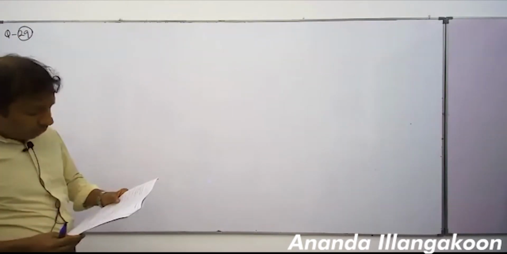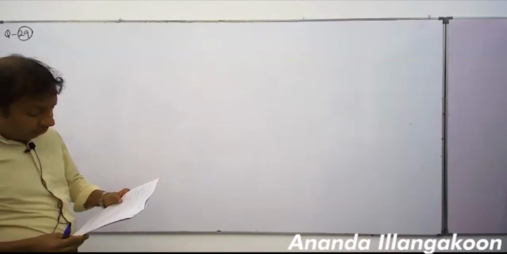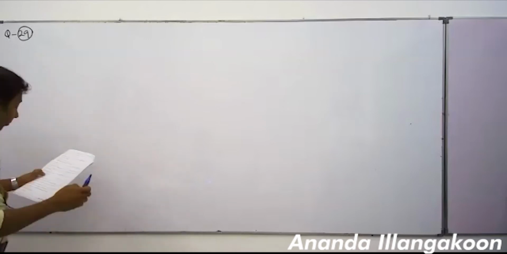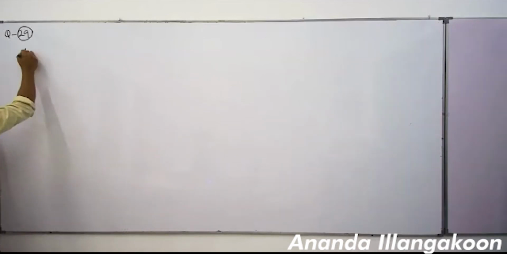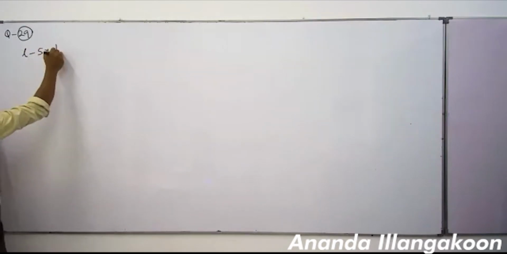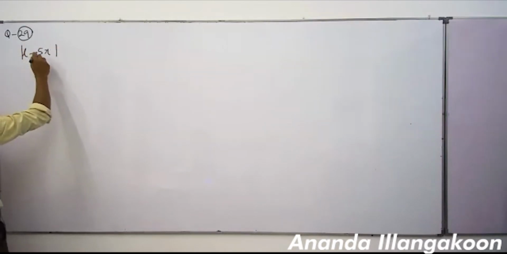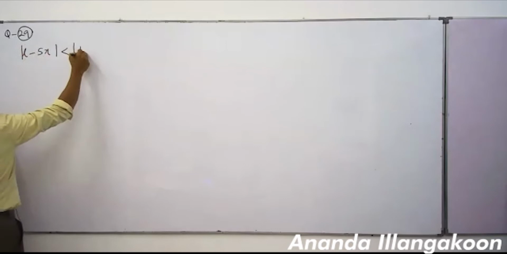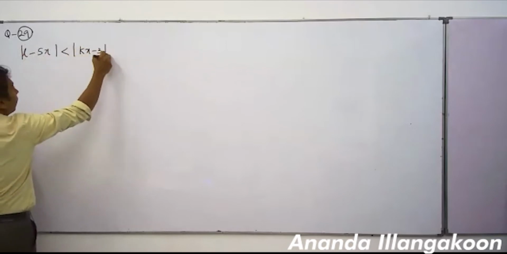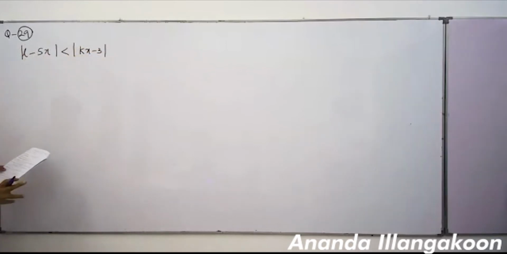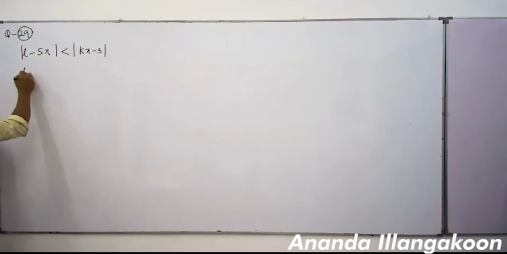There you are given the set of real values of x that satisfy the inequality modulus of L minus 5x less than modulus of kx minus 3. L and k are real positive constants, positive values.